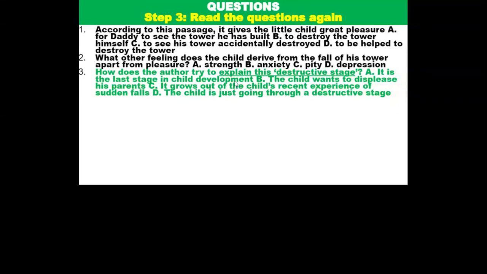We were not told this in the passage. B, the child wants to displease his parents. Again, this is quite irrelevant. It doesn't make sense because we are not told that that's the aim of the child in making the tower collapse. See, C, it grows out of the child's recent experience of sudden falls.